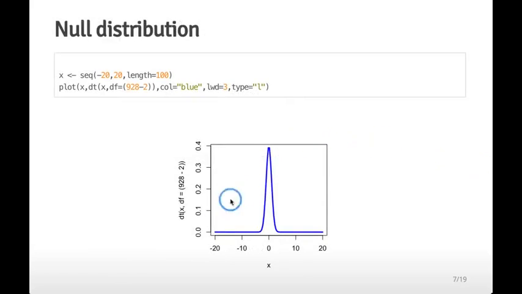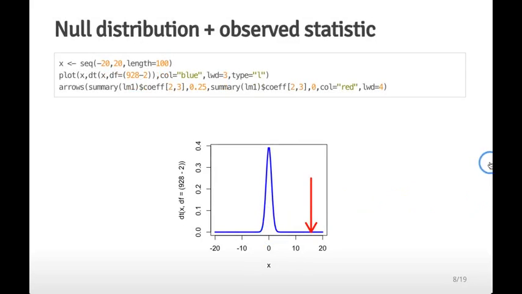So here's a plot of the null distribution in this case. There are 928 samples, and we use 2 of those degrees of freedom to estimate the parameters. So we can show the t distribution with 926 degrees of freedom, and you can see that it's very narrow here, around 0. Then we can see the actual value of the statistic that we get by calculating that t statistic, which was the estimate b1 hat divided by its estimated standard error.